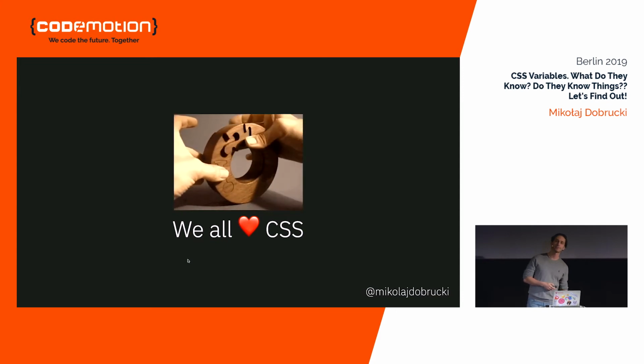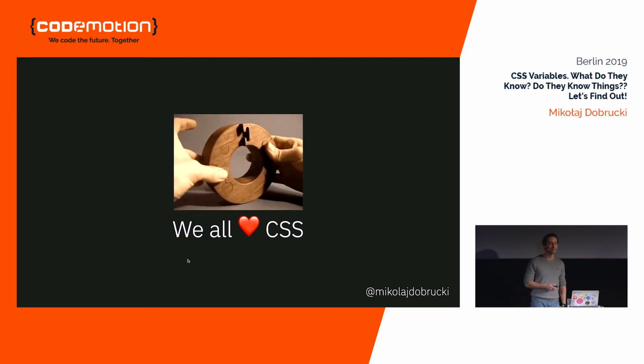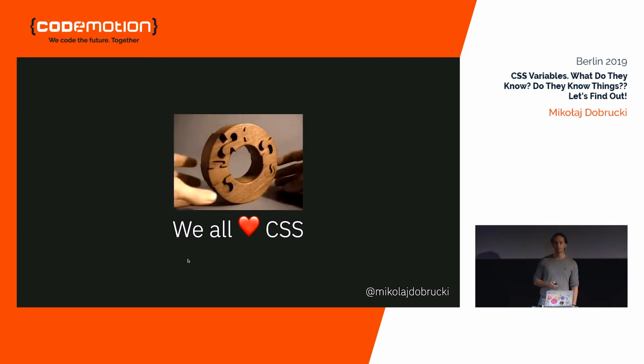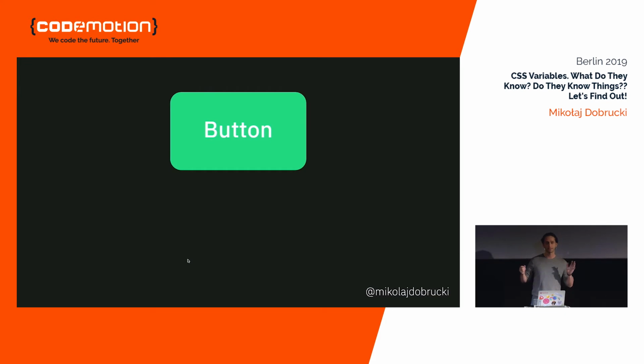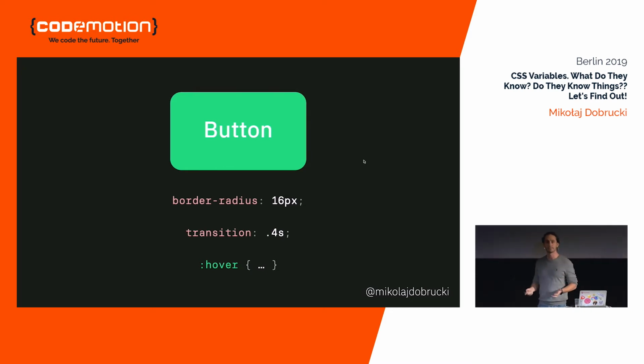But maybe it's also important to remember that not that long ago, it wasn't all that smart and powerful. Even a few years ago, doing such simple things as applying a border radius or a transition or a hover effect was plainly impossible with CSS. You had to use images, you had to use JavaScript, maybe Flash, and all those advancements came later.